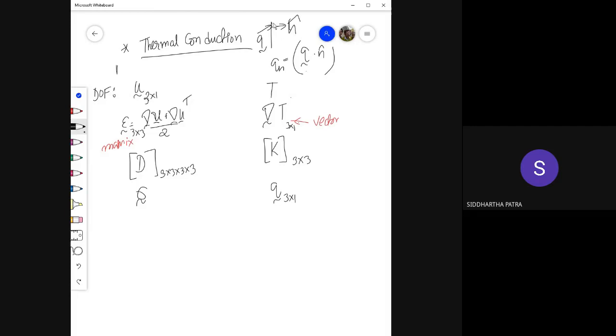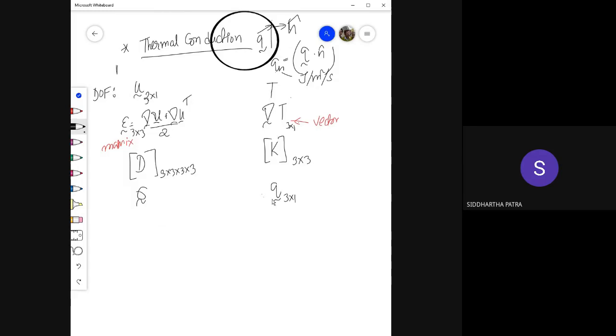Let's say this is the outward normal of the surface, and this is the boundary to a given geometry. That counts for whatever part of Q is normal to the surface, which eventually goes out of the system and becomes Qn. So that is the heat flow rate per unit area. The unit of this should be joules per meter squared per second, and the unit of this quantity is also joules per meter squared per second.